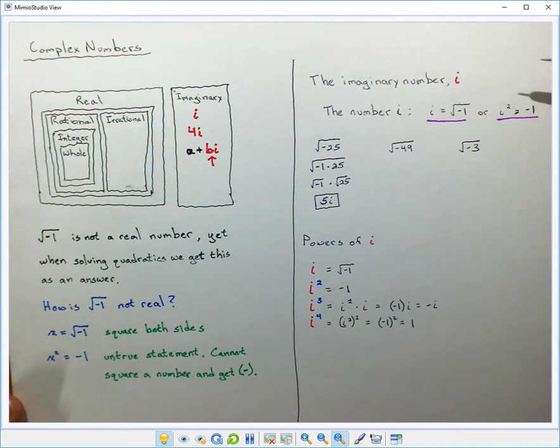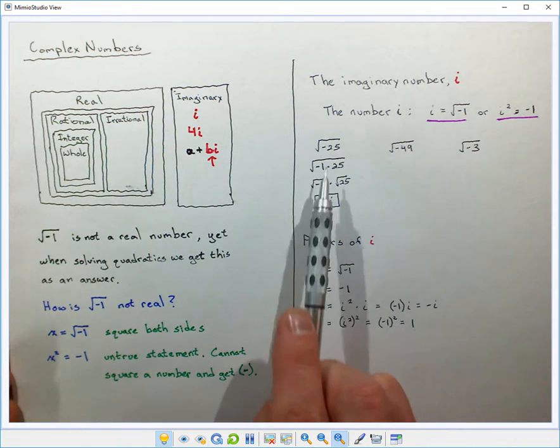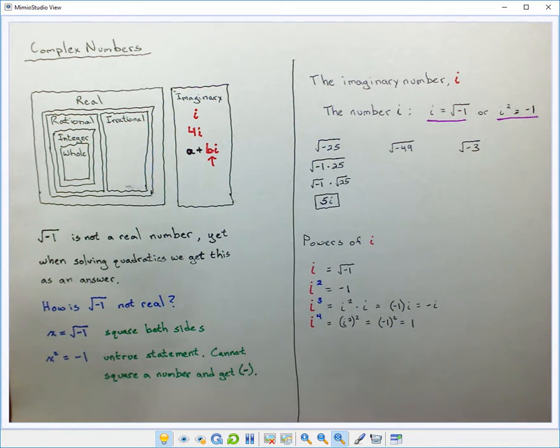The number i, as we'll go through, is equal to the square root of negative 1. Or if I square both sides, I end up with i squared equals negative 1. And how do I use this? For instance, I'm given the problem, the square root of negative 25.